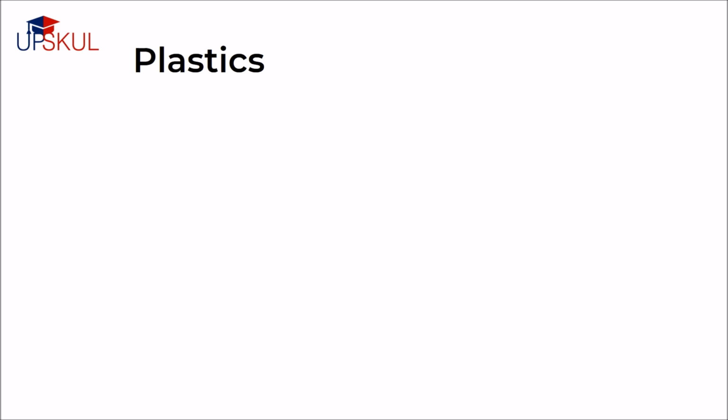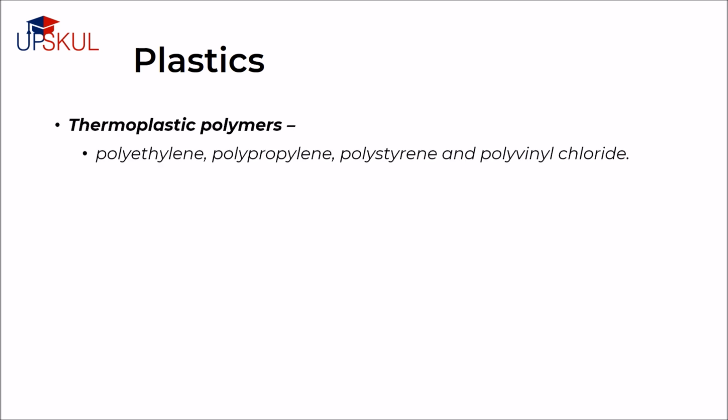Depending on how they are structurally and chemically bonded, thermoplastic polymers comprise the four most important commodity materials: polyethylene, polypropylene, polystyrene, and polyvinyl chloride. There are also a number of specialized engineering polymers.